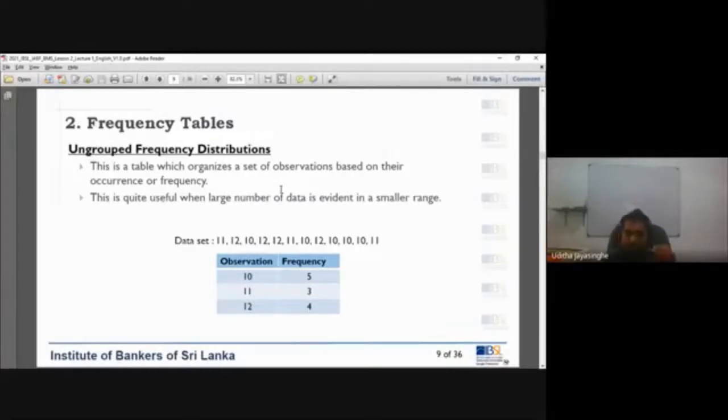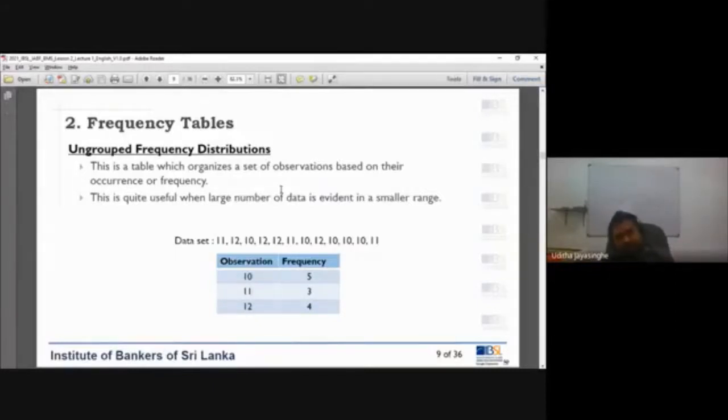So under each observation, we have given one line item. Under item number 11, item number 12, and item number 10, we have given 3. So what if you have, let's say, 300 or 400 observations? Obviously, still this is not going to be an optimal method.